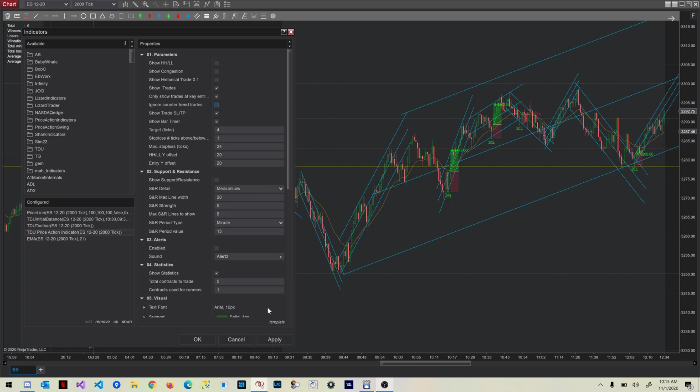So that's what the filter now does. If I disable it, you will see that it finds a short trade here, but it gets filtered out if you click the ignore counter trend trades, and then it doesn't find any long trades. So there's nothing there. So that's been changed.